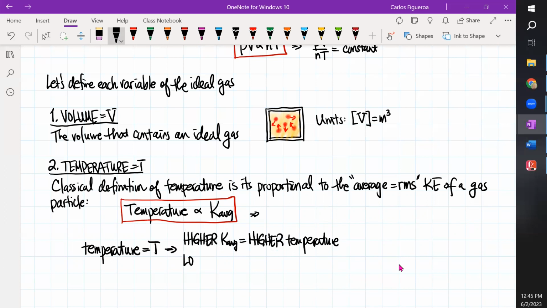If I have a lower average kinetic energy, then that means I'm going to have a lower temperature.